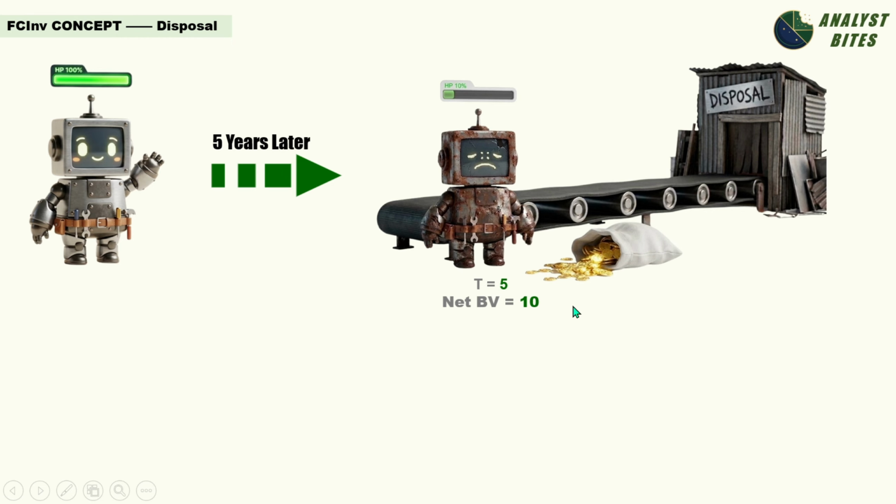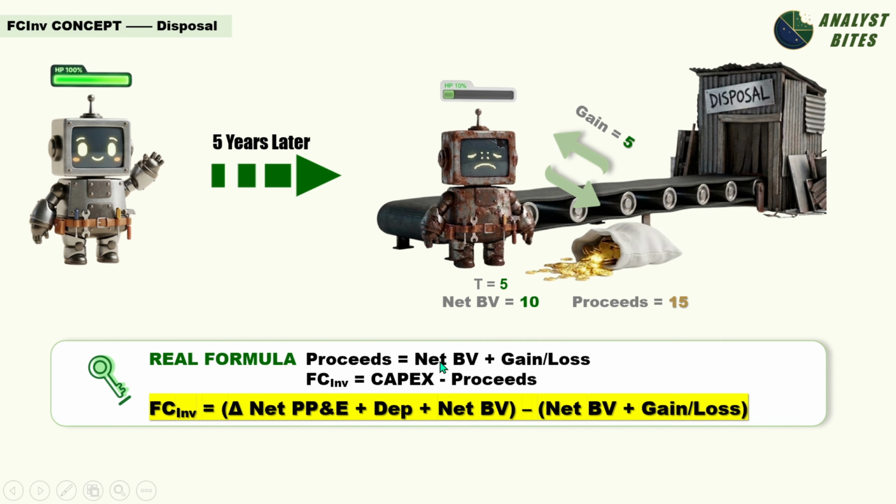The yard pays us 15 gold coins. This is our proceeds. Since we sold it for 15 while it was only worth 10 on the books, we record a gain of 5. From this, we get a key equation. Proceeds equals net book value of the assets sold plus gain or minus loss.